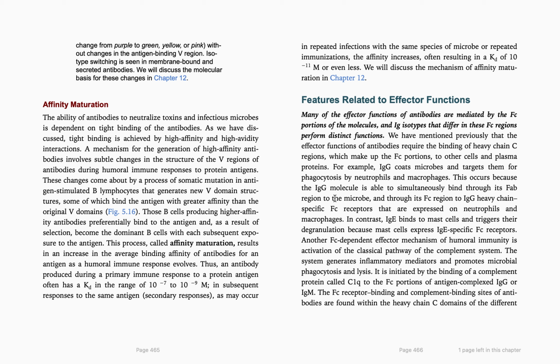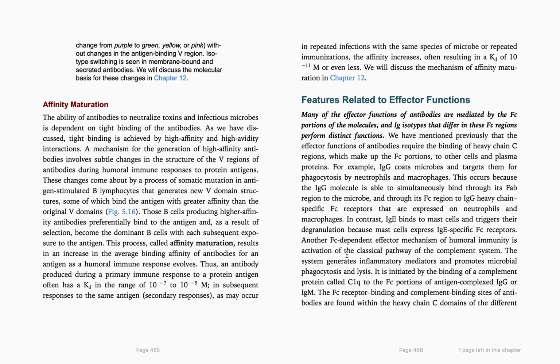This occurs because an IgG molecule is able to simultaneously bind through its Fab region to microbes and through its Fc region to IgG heavy chain-specific receptors that are expressed on neutrophils and macrophages. In contrast, IgE binds to mast cells and triggers their degranulation because mast cells express the IgE-specific Fc receptor.